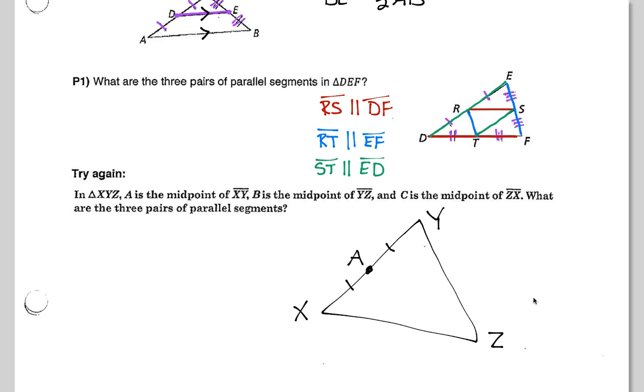B is the midpoint of YZ. C is the midpoint of ZX. What are the three pairs of parallels?